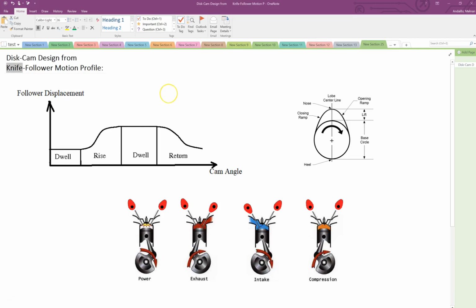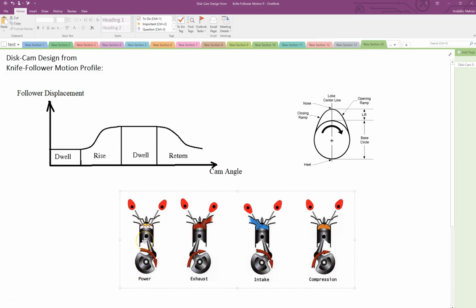So here, for example, if you look at the engine, a four-stroke engine has four parts of the cycle. So first, when the fuel and air mixture are in the chamber, the valves are closed, they are at their highest position, and the spark creates the ignition, the explosion, so we call it power.